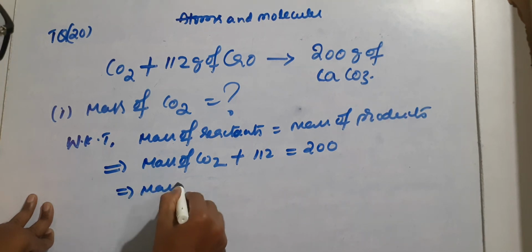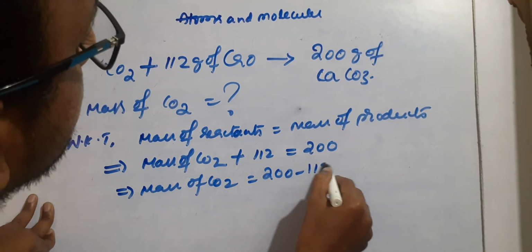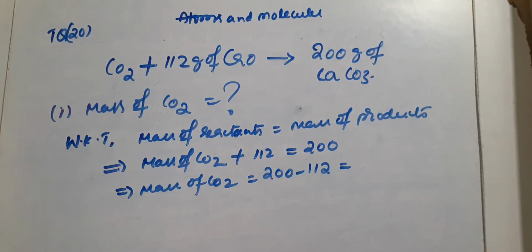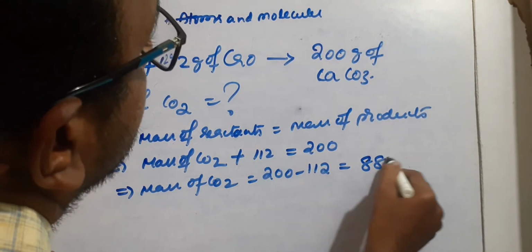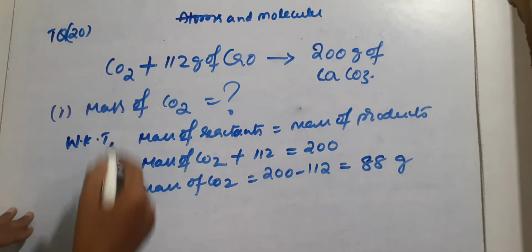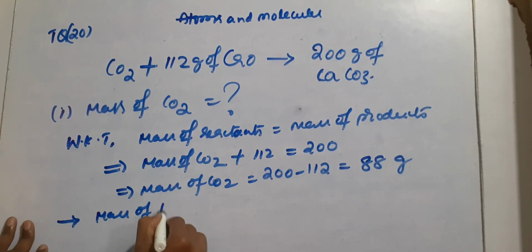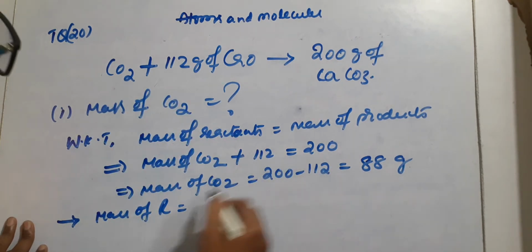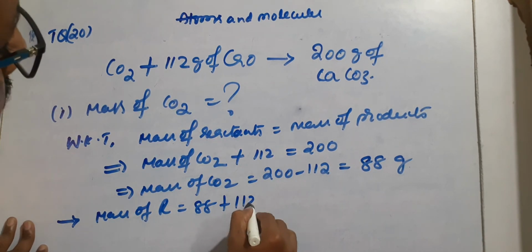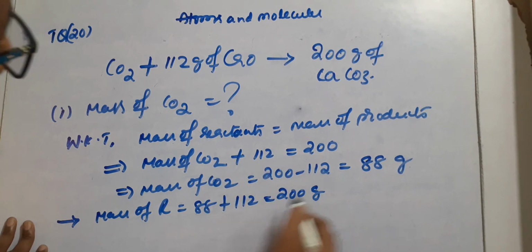This implies the mass of CO2 is equal to 200 minus 112, which will be 88 grams. So the mass of CO2 is 88 grams. Again you can check: the mass of reactants is the mass of CO2, 88, and 112, which is equal to 200 grams.